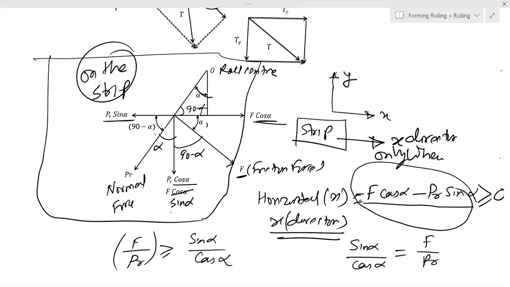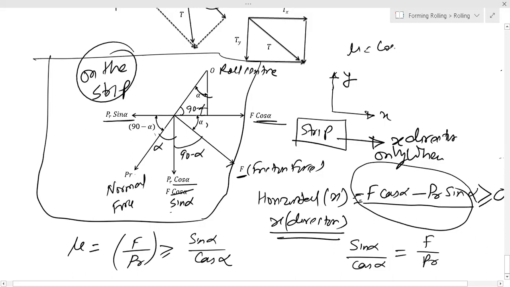And what is this? This is actually mu, that is, the coefficient of friction between strip and roll.